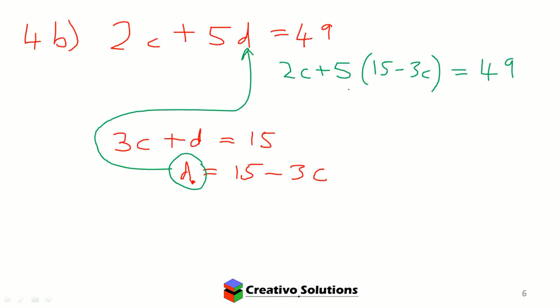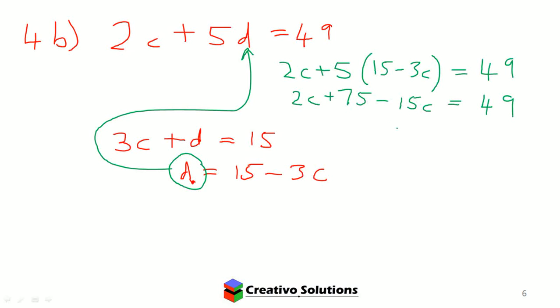I then need to multiply everything out. So I'll have 2c here. 5 times 15 is 75. Just to make sure we're accurate. And then we've got 5 times 3, which is 15c equals 49.